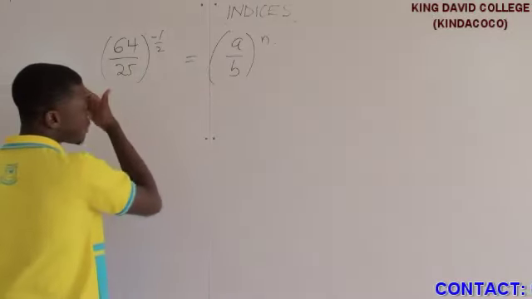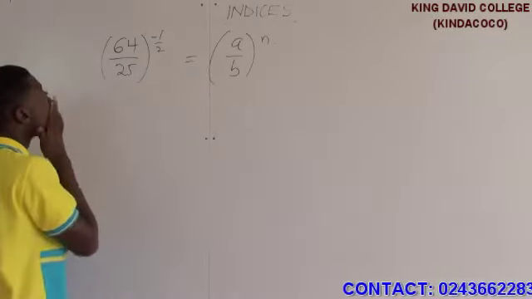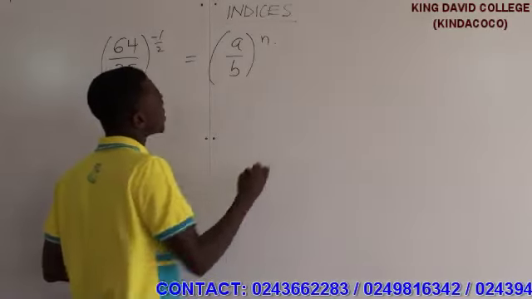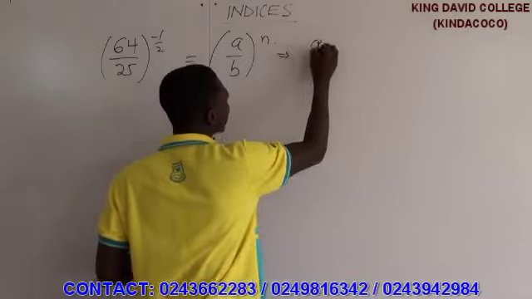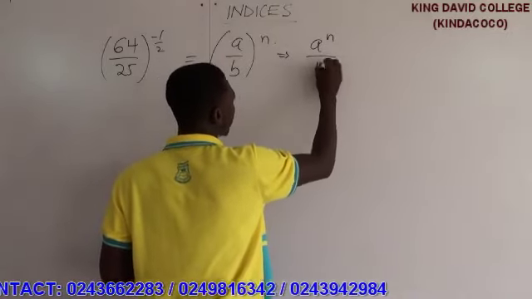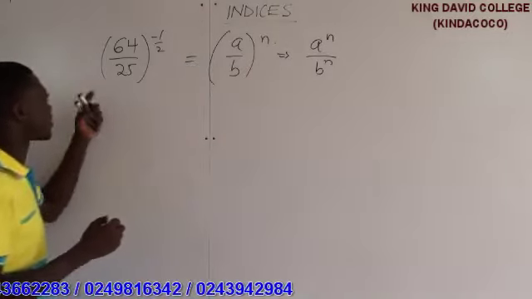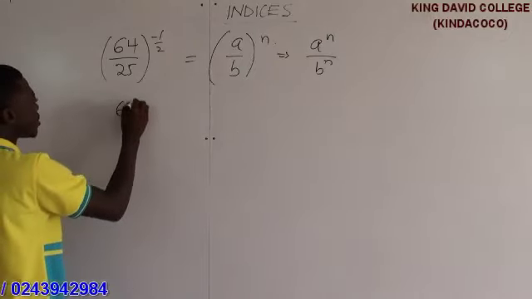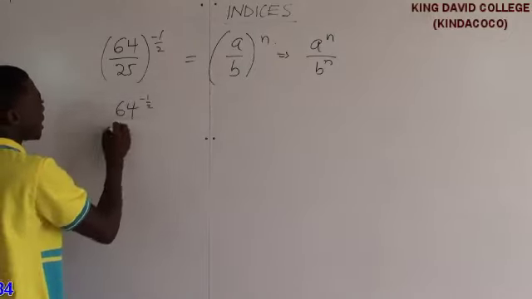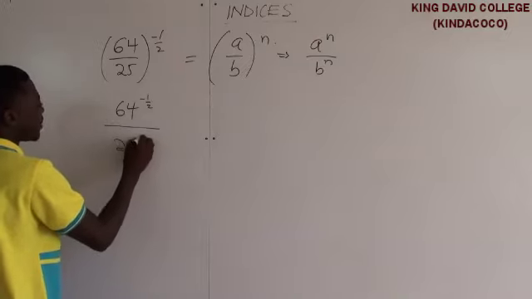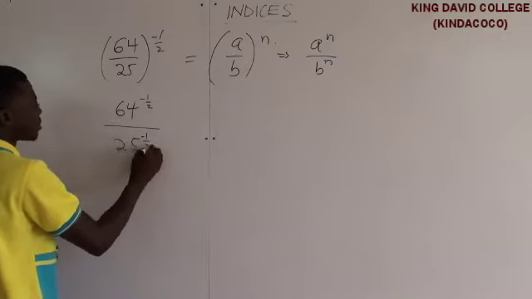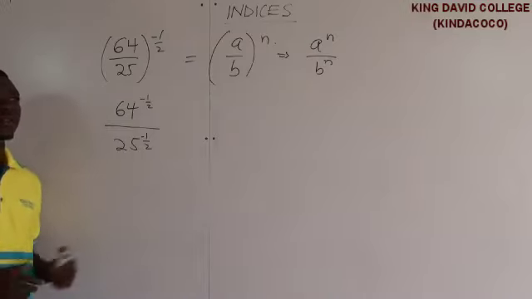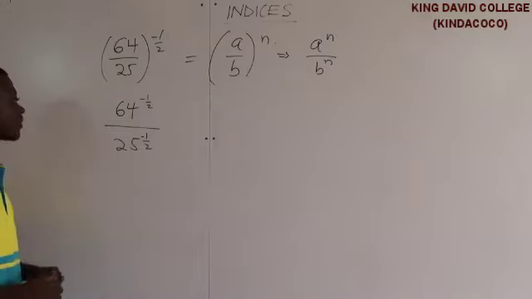In that case, we said that the answer to this specific one is going to be a to the power n over b to the power n. So when we have this one too, we do the same thing: 64 to the power minus half, and 25 to the power minus half.